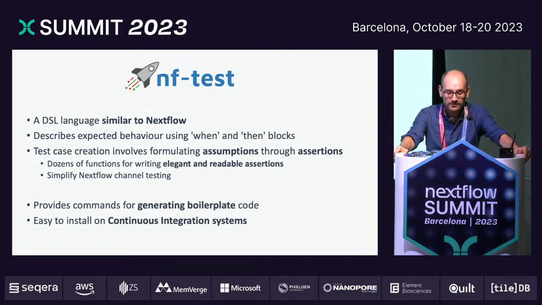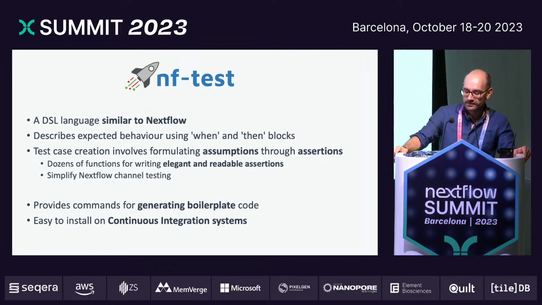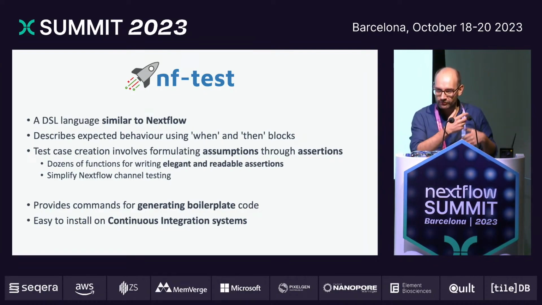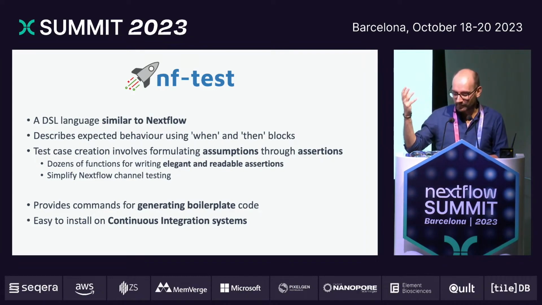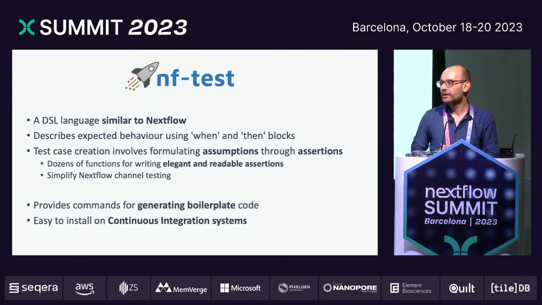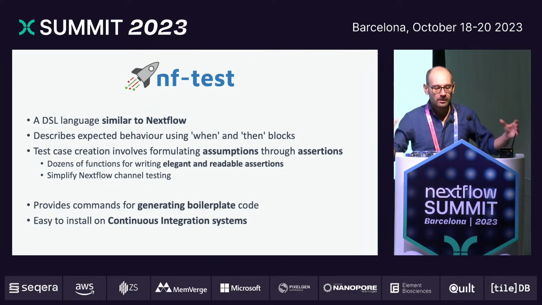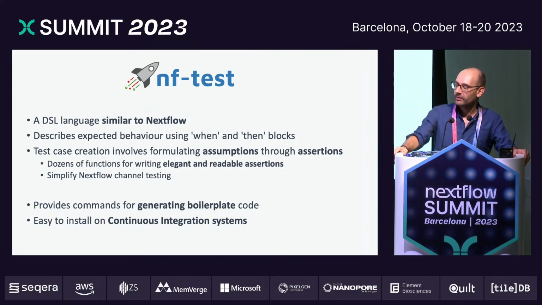NF-test also has the same requirements as Nextflow, so it's easy to install on your local workstation for your development process, but you can also install it on a continuous integration system, like GitHub Actions. So on every push, on every commit, NF-test is rerun and ensures that your pipeline is working correctly.